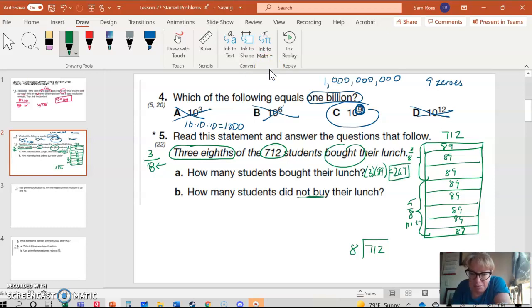How many did not bring their lunch? Well, I have 89 5 times, so 5 times 89, or I guess I could subtract it from here. So 5 times 89 is 445. Or I could take the total and subtract how many had lunches and get the same number.